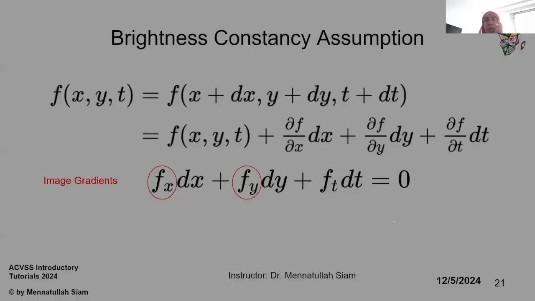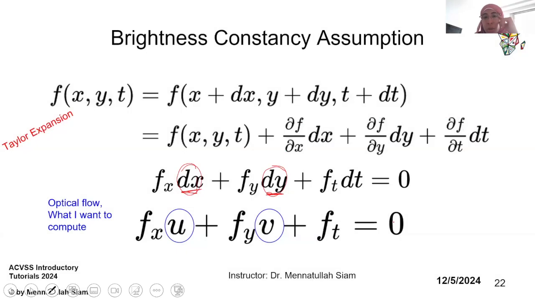This is what I'm trying to compute. And dt, you can just assume 1, like I'm just changing from one frame to another. We're just trying to put a way to estimate the u and the v, and that's what we care about.